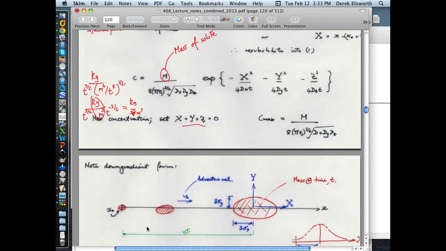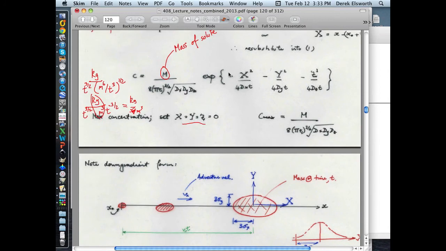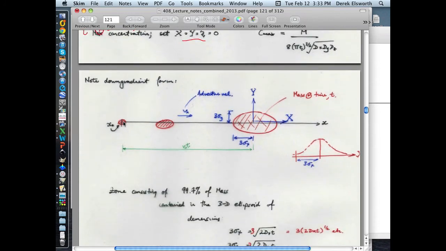That's worthwhile knowing. And so physically what that looks like, if you look at this behavior, is as you go downrange, then this is just kind of a spreading plume. And so at time t0, when you introduce this, it's at a point, in theory. At some later time, it's spread out, and at some later time, it's spread out more.